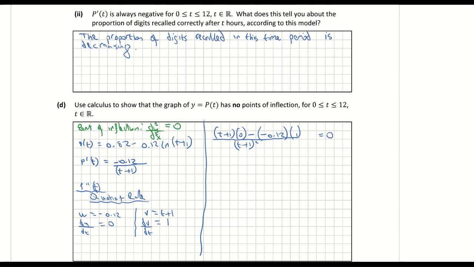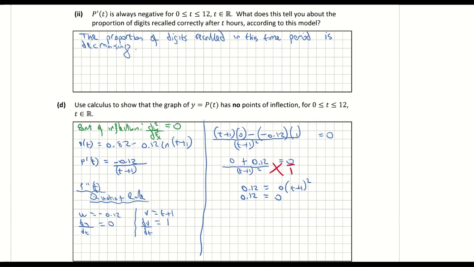Letting that equal 0 because it's the point of inflection. So working that fraction out, I get 0 minus minus, which becomes a plus, 1 times 0.12, all over t plus 1 squared equals 0. I want to solve this fraction, so I'm going to put the 0 over 1 and cross multiply. So 1 times 0.12, well, that's just going to give me 0.12. 0 times t plus 1 all squared, multiplying that by 0 is actually just going to leave me with 0.